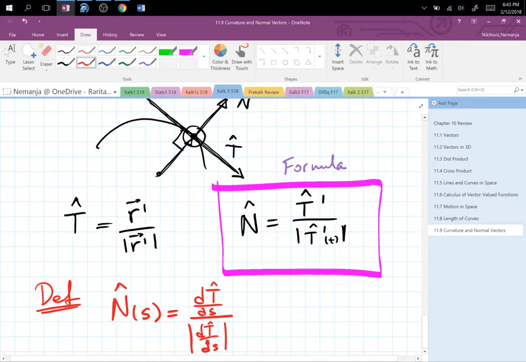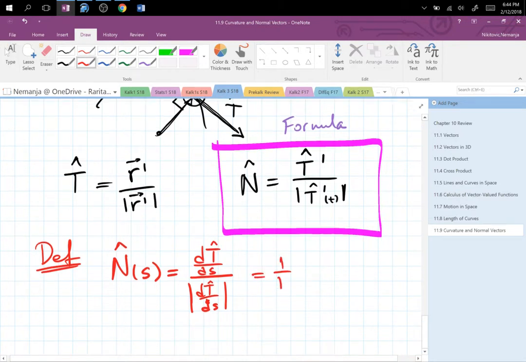Yes? So that would be 1 over curvature times the derivative of the unit vector. Now we can't really use this, so this is the definition.